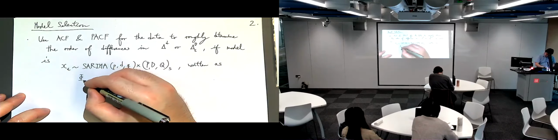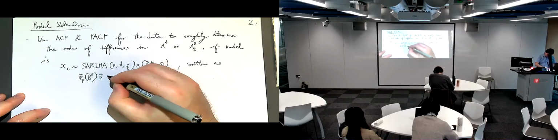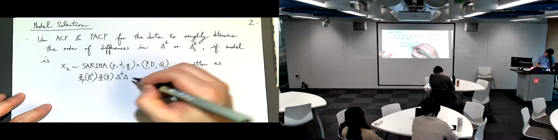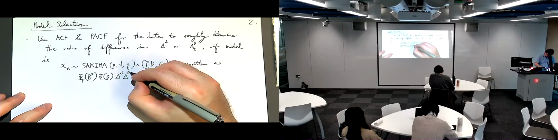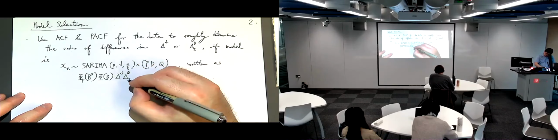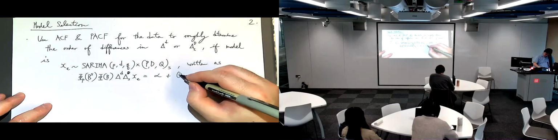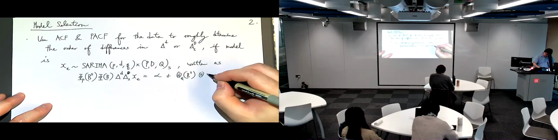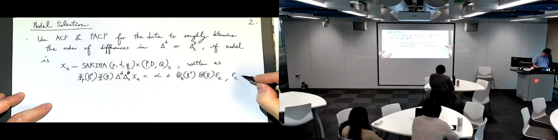So phi p to the power s phi b applied on, sorry, this should be capital D. So the form is a little bit complicated, but let me explain in a minute. So it's alpha plus c to the q to the b to the s, and theta be applied on epsilon t, where your epsilon t is white noise, again with mean zero and variance sigma square.